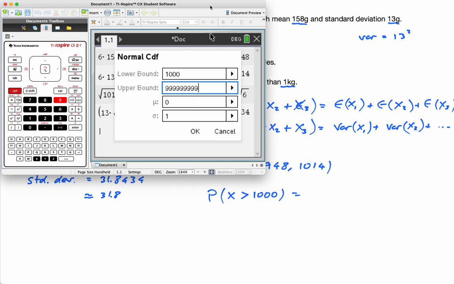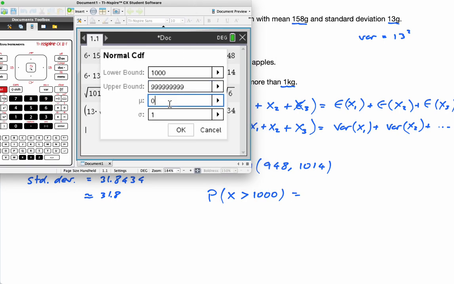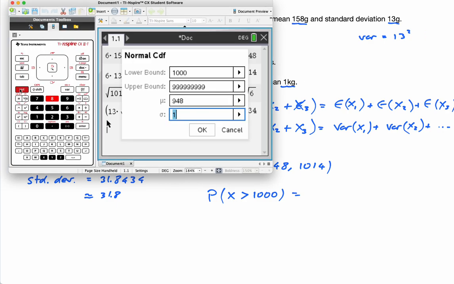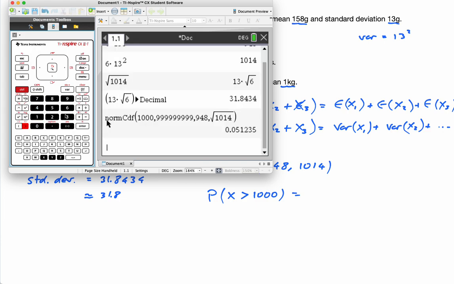My mean is 948, and my standard deviation is the square root of 1014. Note I put in that rather than 31.8. Definitely don't put 31.8. If you put 31.8434, fine, but don't put that because that's the rounded value.